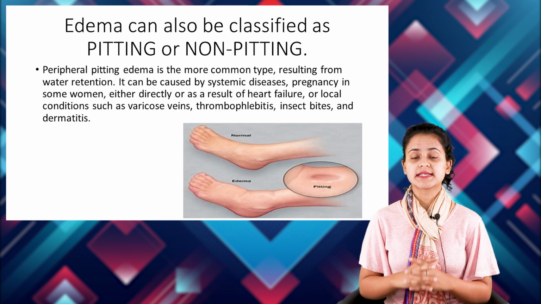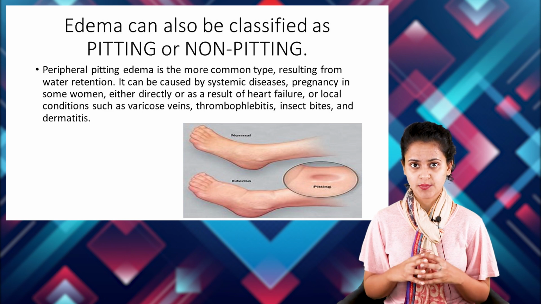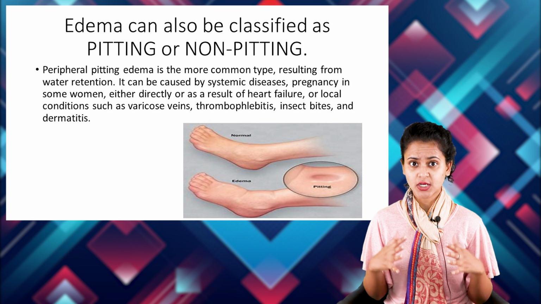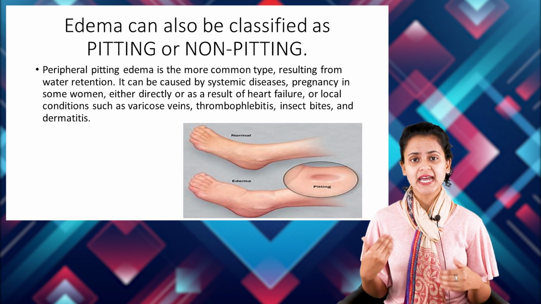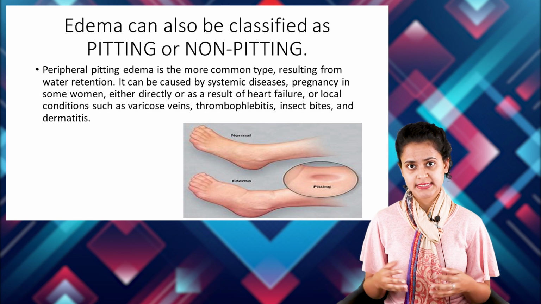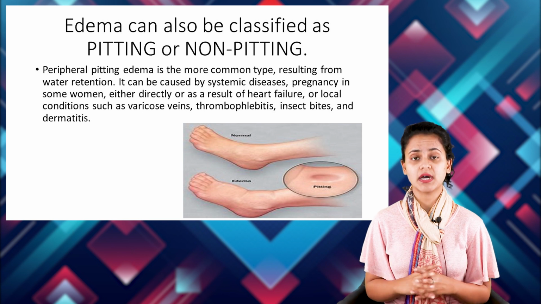Peripheral pitting edema is the more common type, often resulting from water retention. It is basically seen in the extremities. It can be caused by certain systemic diseases. Even pregnancy sometimes develops the condition of pitting edema.